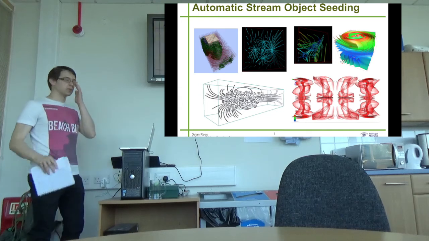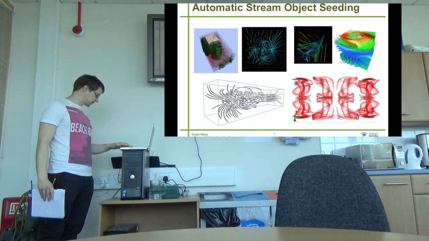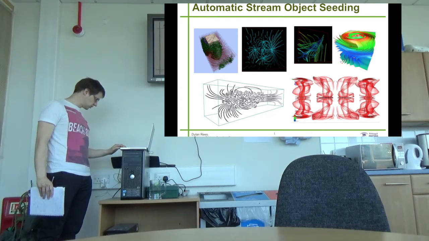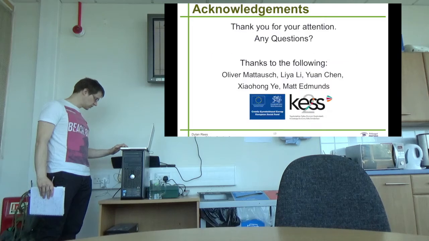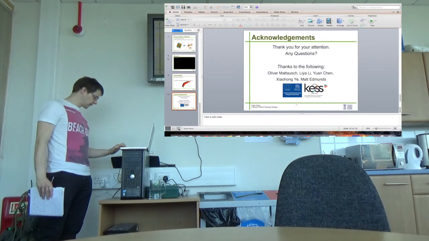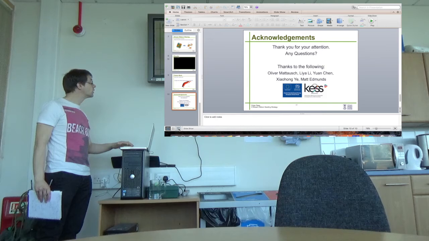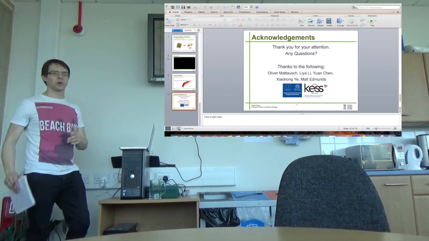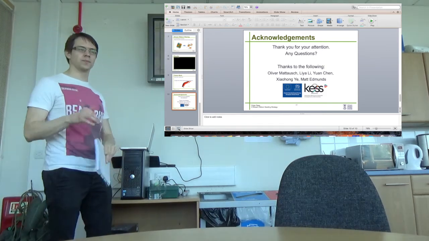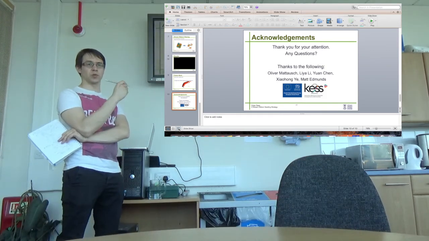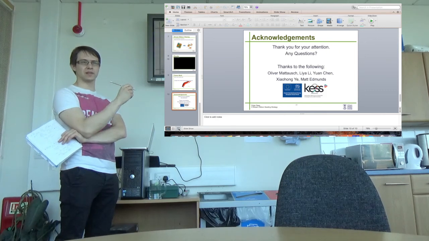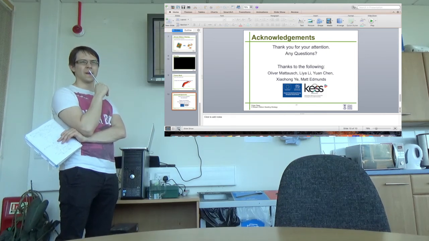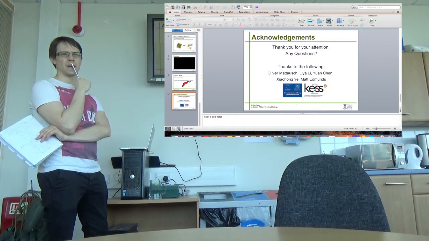In terms of acknowledgements, I've got the thanks to the following. I've just picked the primary author of each paper. Should I select every author within all the papers, do you think? I would have put those names below the images.